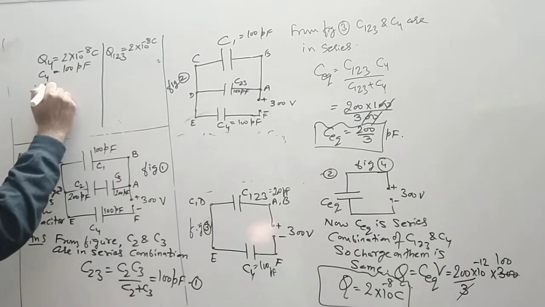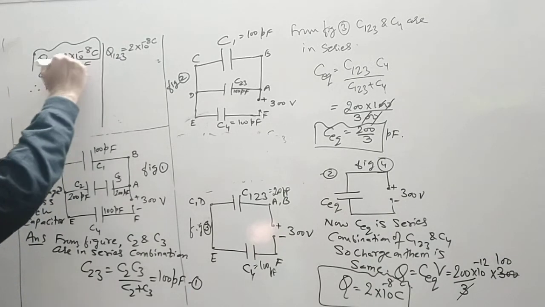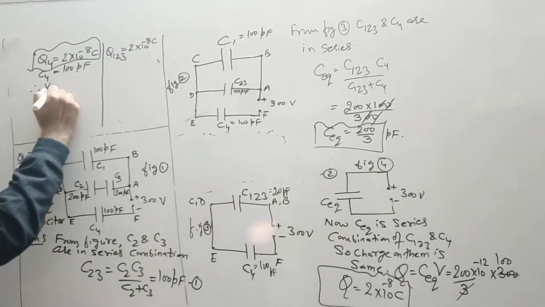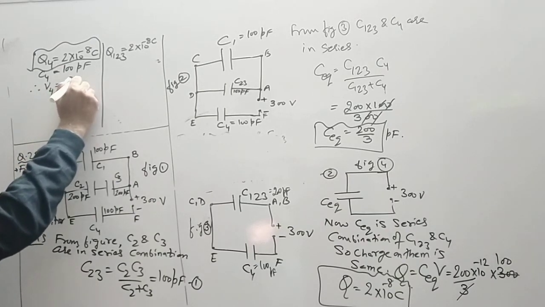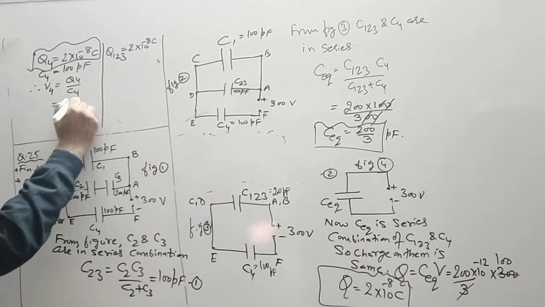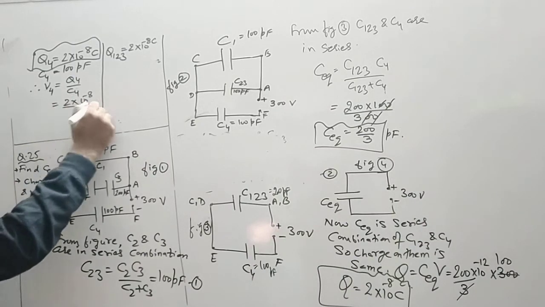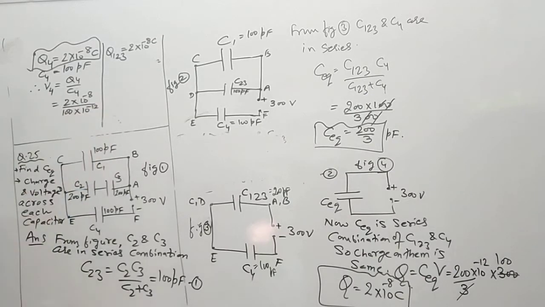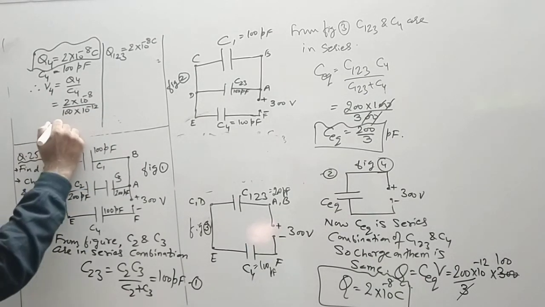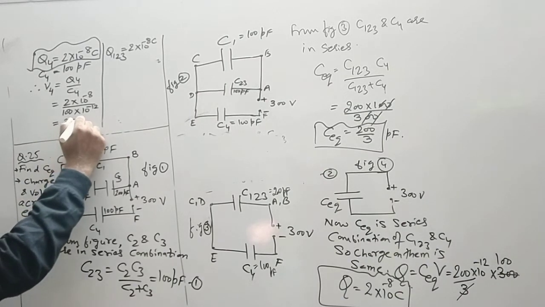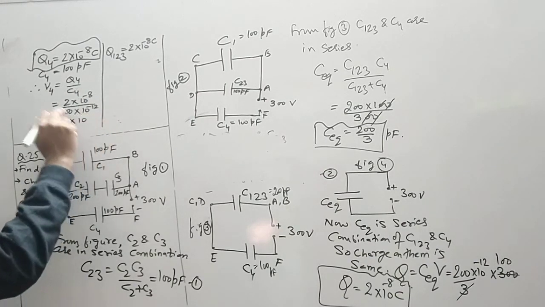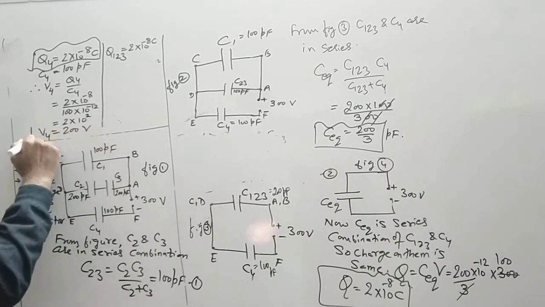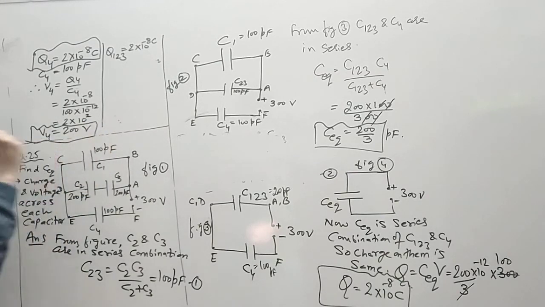Therefore V4, Q4 is found, whatever value is asked to find out, we put in a box. So Q4 is known. So now V4 is equal to Q4 divided by C4. So 2 into 10 raised to minus 8 divided by 100 into 10 raised to minus 12. So this is equal to 2 into 10 raised to 4 and to this 10 raised to 2. So V4 comes out to be 200 volt. So V4 is 200 volt.